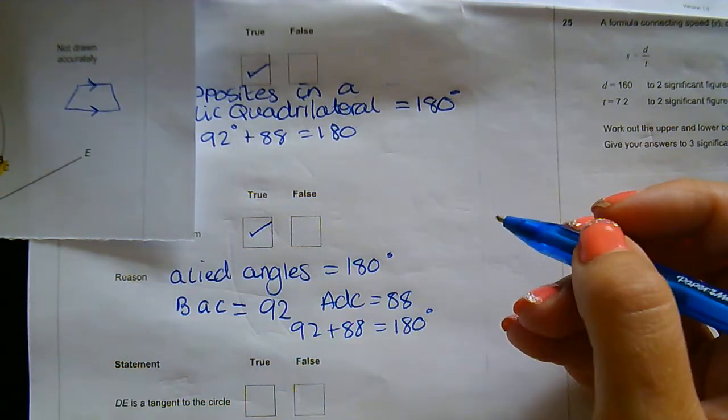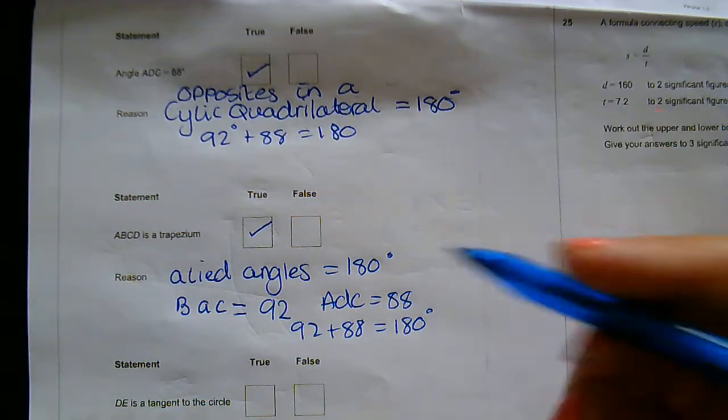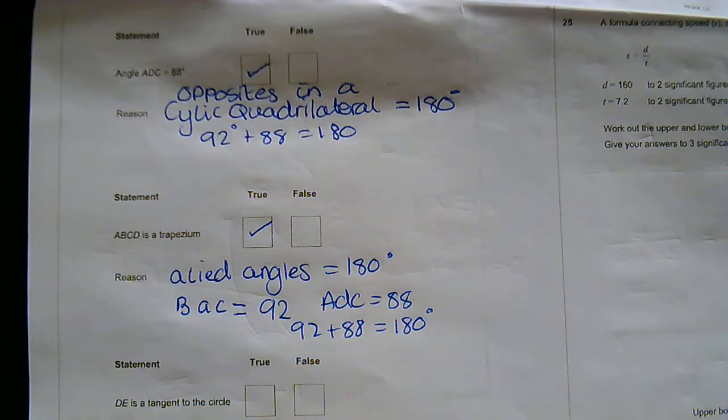Allied angles equal 180 degrees. BAC is equal to 92, ACD is equal to 88, and we can see it on the reverse. So the examiner will be confident that I know what I'm talking about with that one.